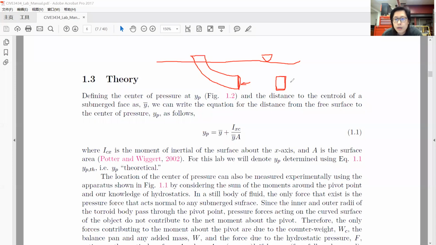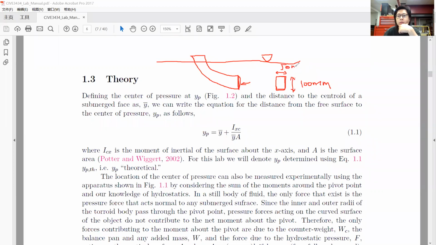And I'm telling you the height of this surface is 100 millimeter. And the width should be given in the lab manual, probably later. I can't see it right now. I think it's 50 or 30.